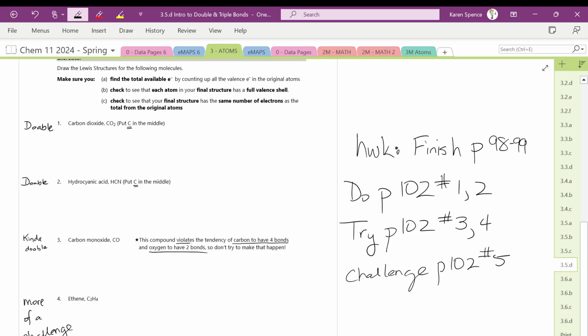And then how many in that oxygen? 2, 4, and then these 2 make 6. So everybody has 8. If we count up all the electrons, we have 2, 4, 6, 8, 10, 12, 14, 16. How many did we start with? Carbon has 4, oxygen has 6, oxygen has 6, so 16. You have 16 here, you have 16 here, that's good.